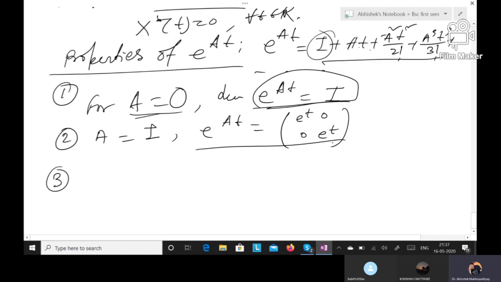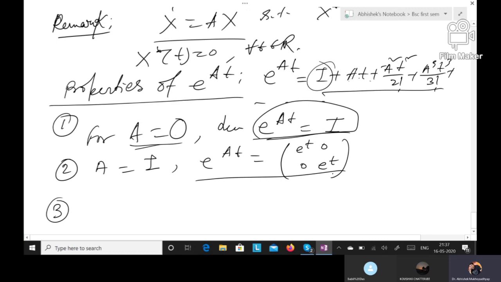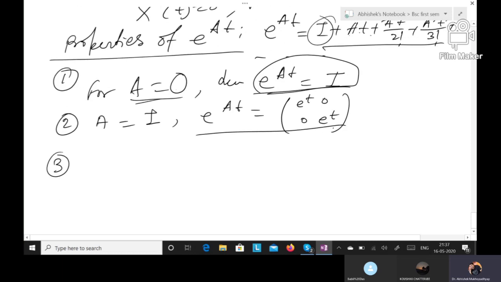And again, if A equal to t, then e to the power t will be, so from this one, so just writing down. Okay, let us have a look on this one.